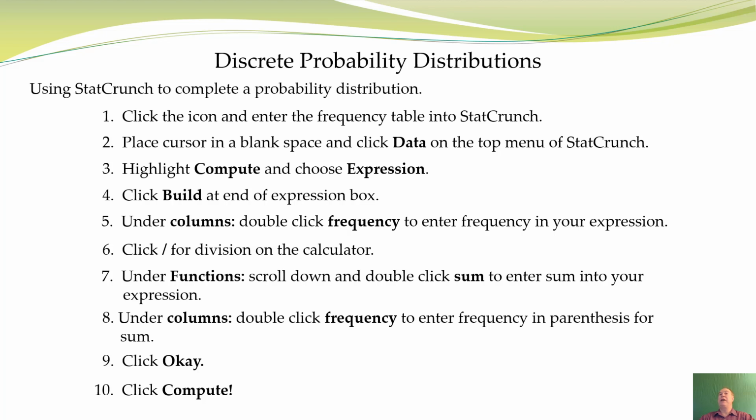Click the division sign for division on the calculator. Under Functions, scroll down and double-click Sum to enter sum into your expression. Under Columns, double-click Frequency to enter frequency in parentheses for sum. Click OK, click Compute, and it'll put the data into your StatCrunch in a separate column.